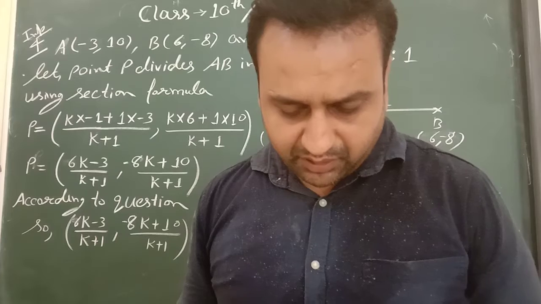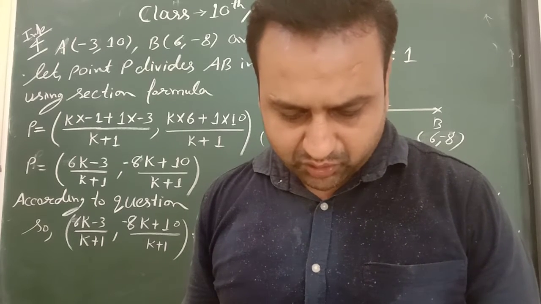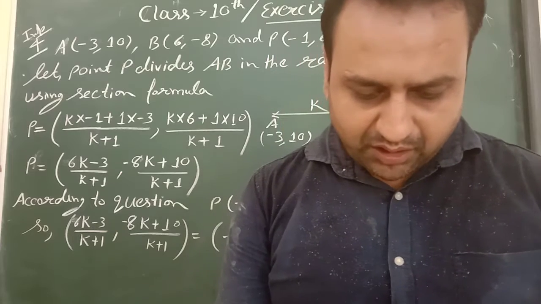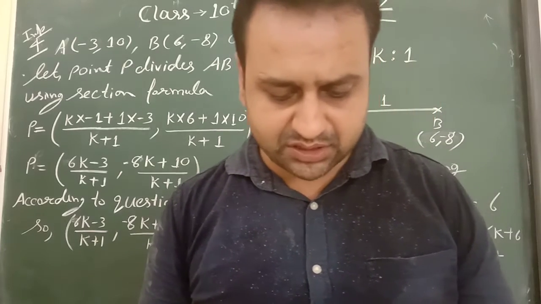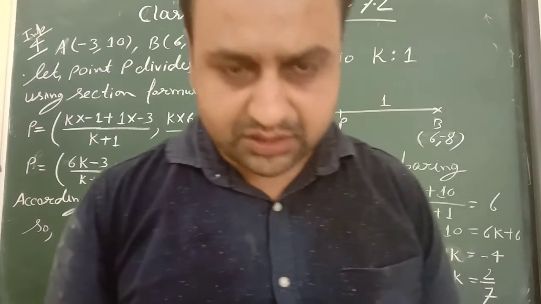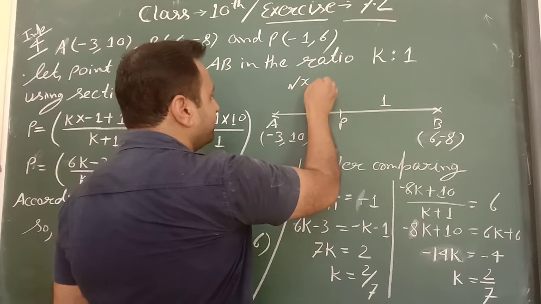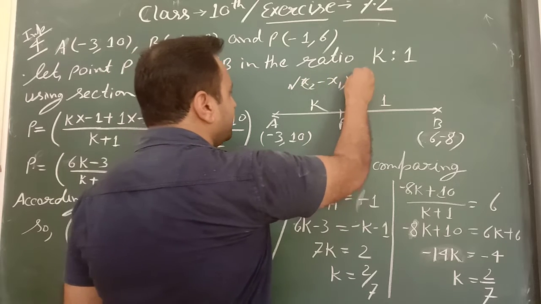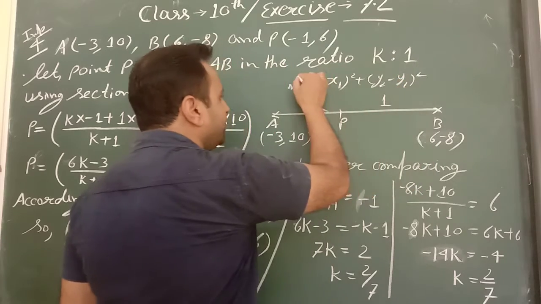In the previous video we completed exercise 7.2 up to question number 3, and we have to discuss the section formula, distance formula and basics of this chapter. Distance formula: under root (x2 minus x1) whole square plus (y2 minus y1) whole square.